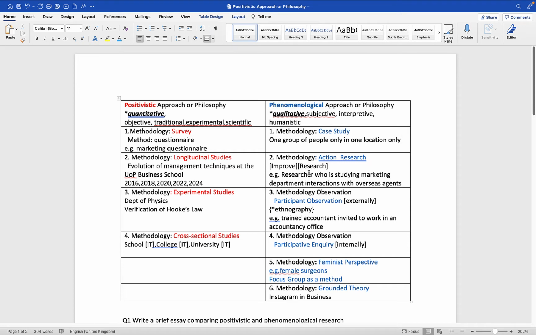So for example, if you had a researcher who was interacting with the marketing department at the University of Portsmouth and seeing how they interact with overseas agents, if the research is ongoing, but as the researcher proceeds with his research, he notices areas that he might improve, then he would be using a methodology called action research, because he is both improving and researching.